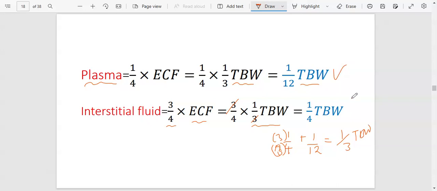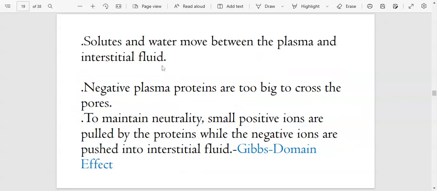So when you add this and this, you are going to get 1 out of 3 of total body water, meaning that plasma and interstitial fluid, when you add them, they should give you ECF volume, which is 1 out of 3 of total body water. So in case you've been given total body water and you want to find plasma or interstitial, you can use that formula, or you can first find ECF and then you'll be able to calculate the others.